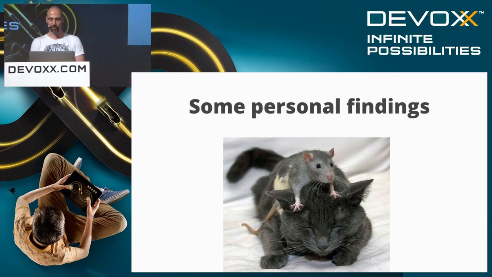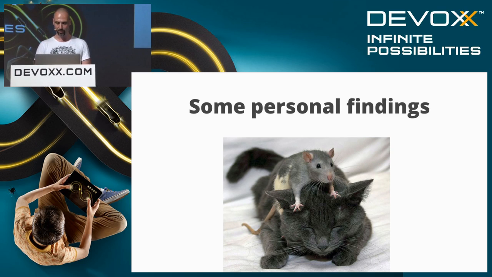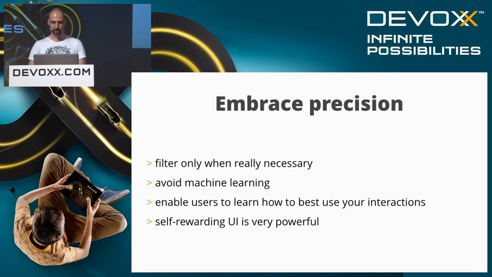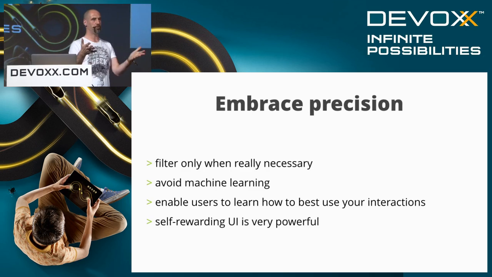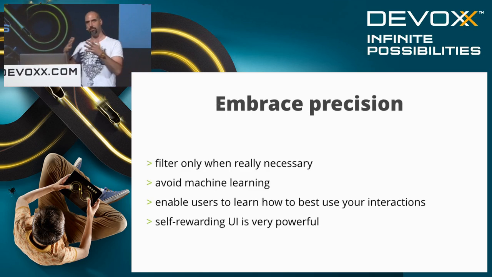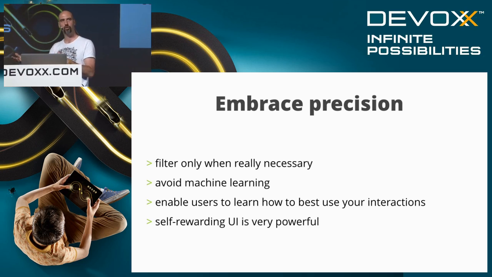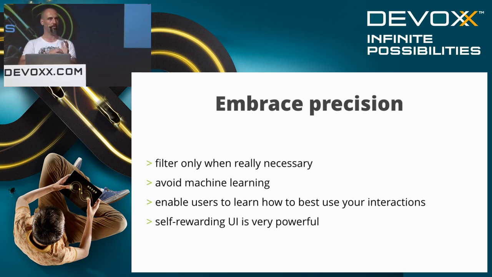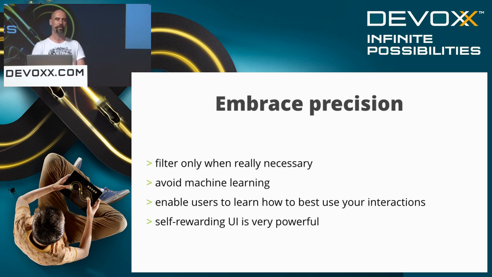So, some personal findings about working with this stuff. These are all just my points of view about working with these things and seeing the apps that haven't gotten much uptake and then trying to figure out why some of the things that I did worked and others didn't. I'm personally convinced that people like feeling in control.